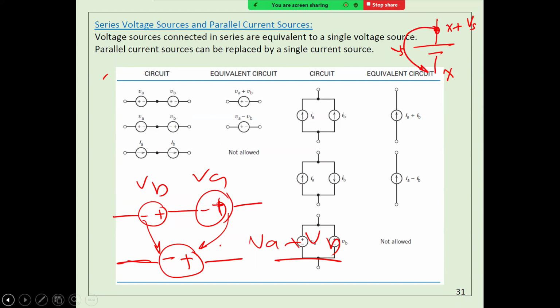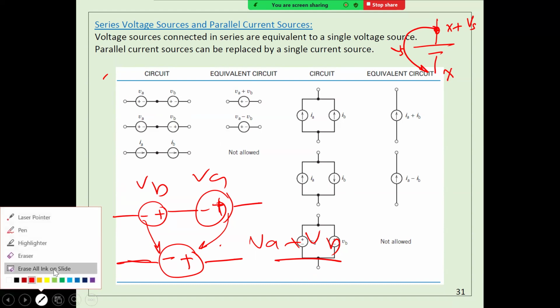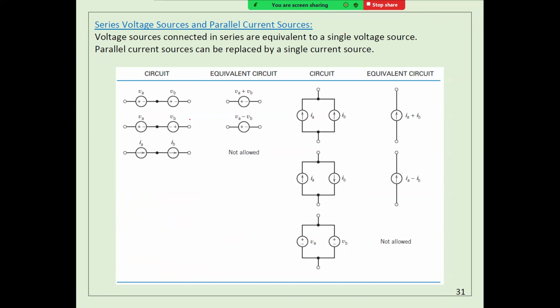Okay. So let's see if I connect it this way. For example, here this one is X. So what should this one here be? X minus VB, is that right? Because the positive side has to be greater than the negative side by VB. From here to here, I have to add VA.